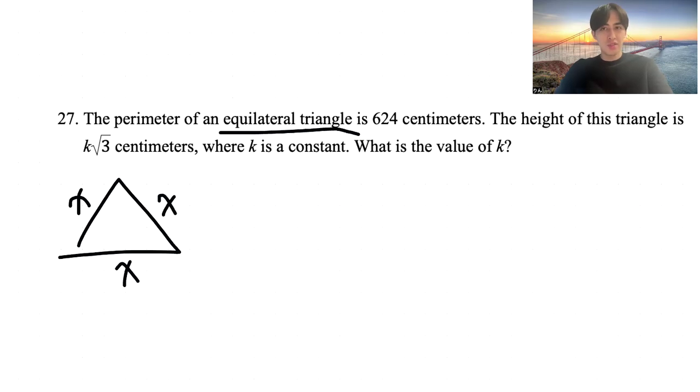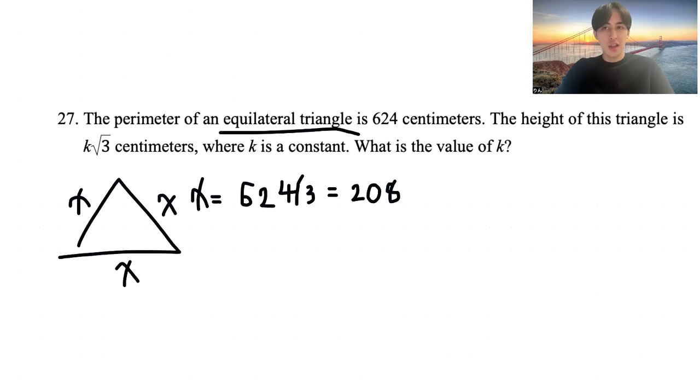The sum of all of these sides put together will be 624. x plus x plus x, or 3x, will give you 624. To find the length of just one side, you can do 624 divided by 3, which is 208. So the length of one side, x, is 208 centimeters.